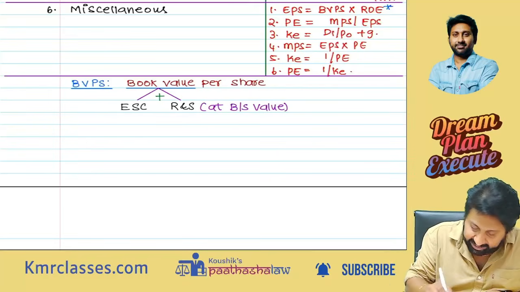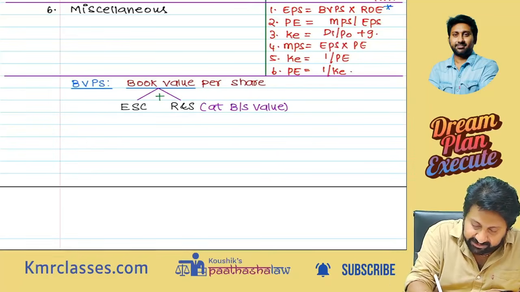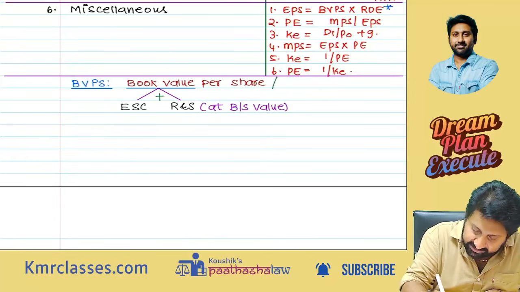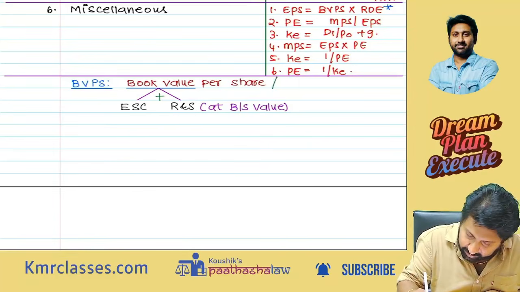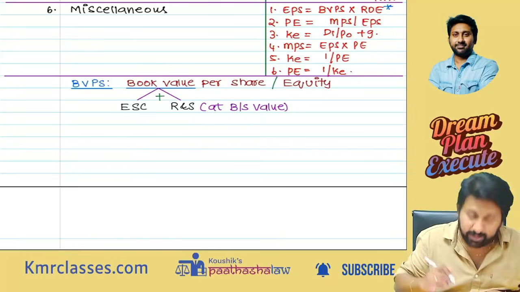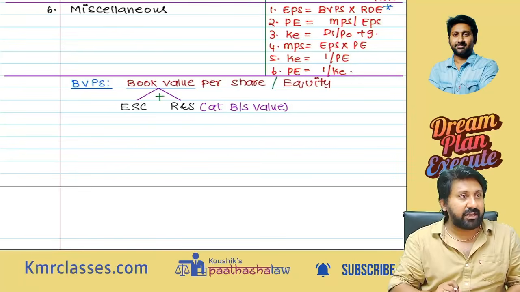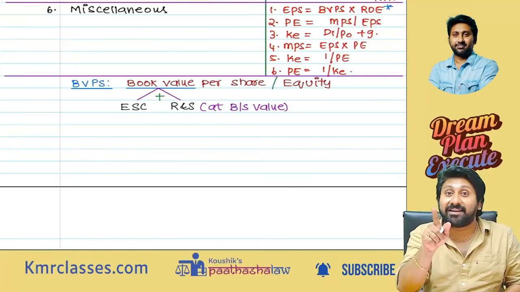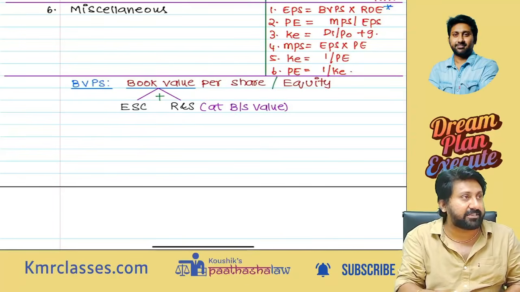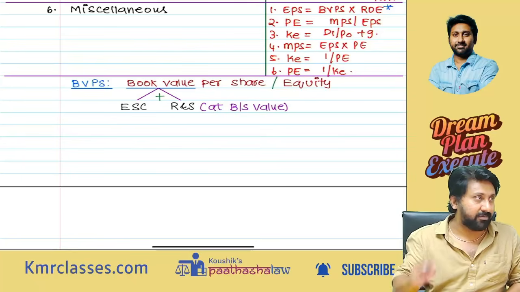Okay. There is another meaning for equity plus reserves and surplus, also called equity. Return on equity we say, return divided by equity. The equity means equity share capital plus reserves and surplus at balance sheet value. At what value?